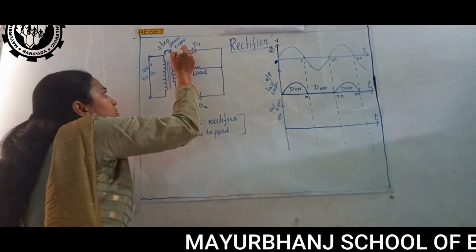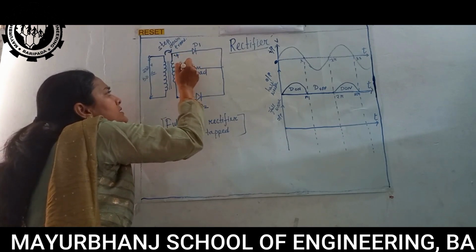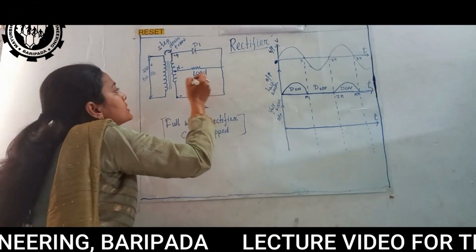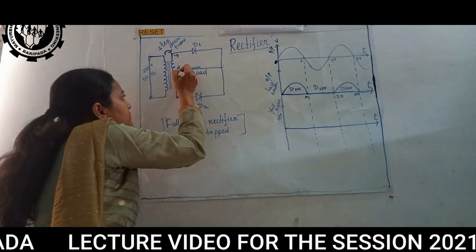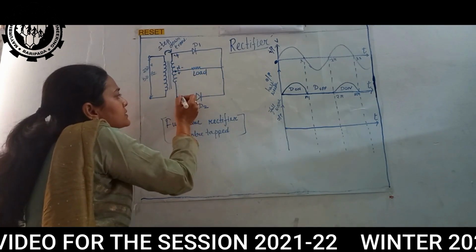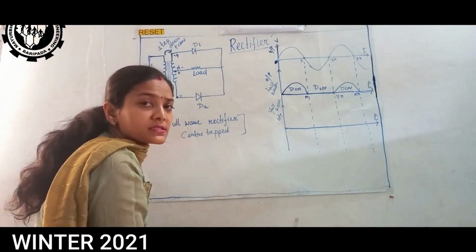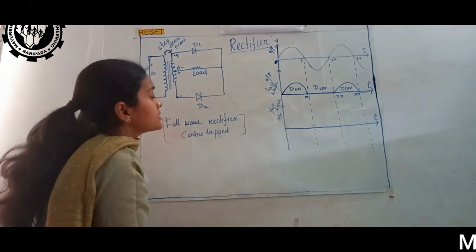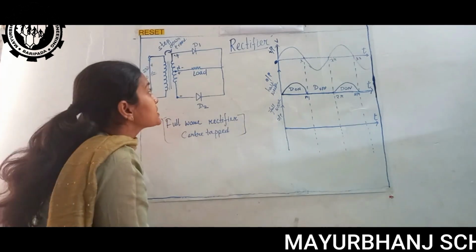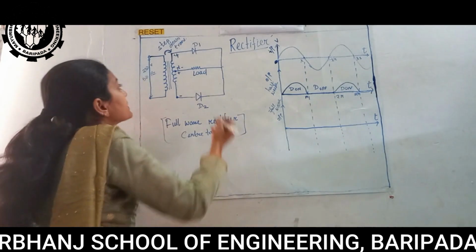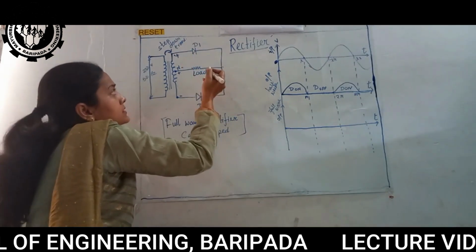If this becomes positive, simultaneously here it is negative, and at that point of time this point is positive and this point is negative. Now which diode is getting forward biased? Whichever is forward biased, that particular diode will be conducting the current through this circuit.